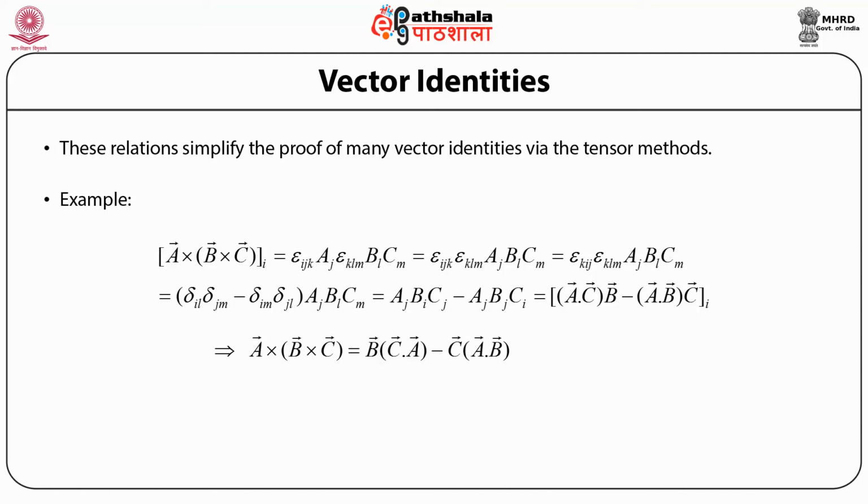This implies that A vector cross (B vector cross C vector) equals B vector into (C vector dot A vector) minus C vector into (A vector dot B vector).